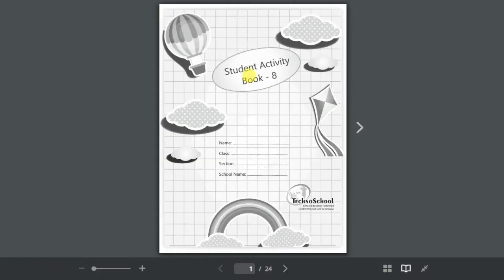I welcome you all to the CS workbook activity video. In this video, we are going to see the MS Access general workbook activity. There are some pictures. You have to go through the pictures and answer the questions. This is the activity you have to do. In my previous session, we discussed MS Access: what are the screens and what are the tabs.